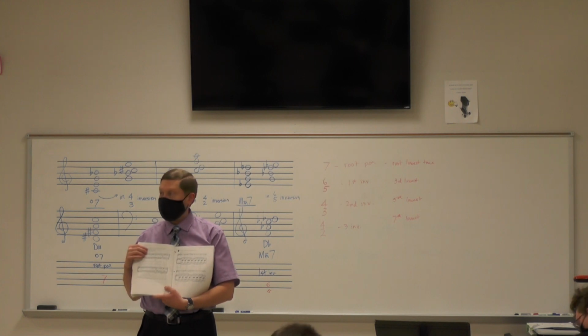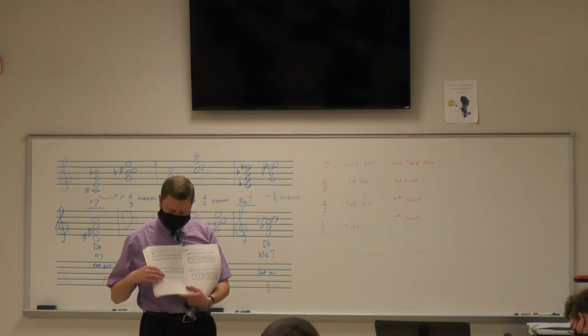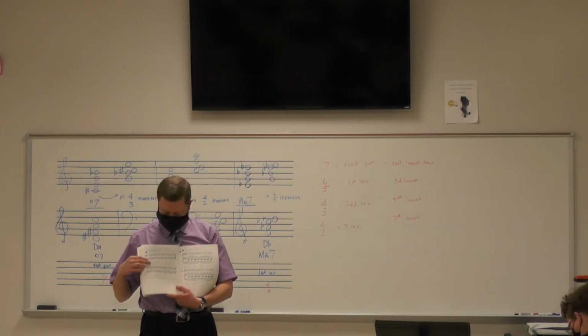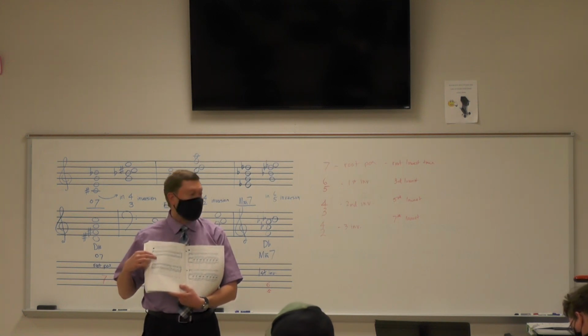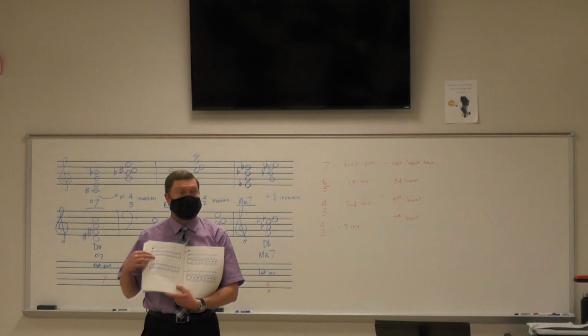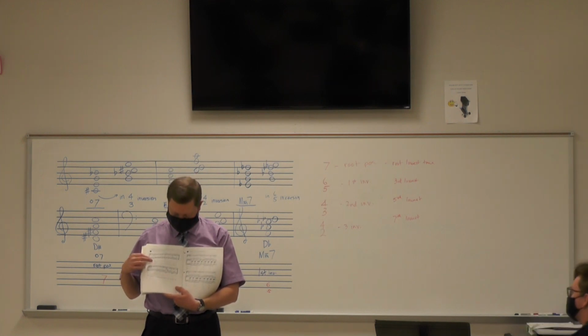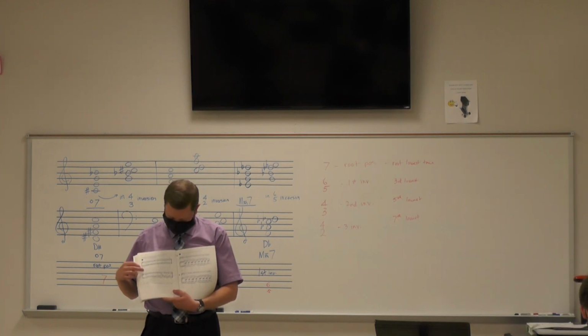Just the top half. You don't have to analyze the chords in the bottom half. And here, you're going to get a mixture of triads and seventh chords. So that'll help you remember your bass position symbols for all of those chords. So just the top half, 1 through 17.